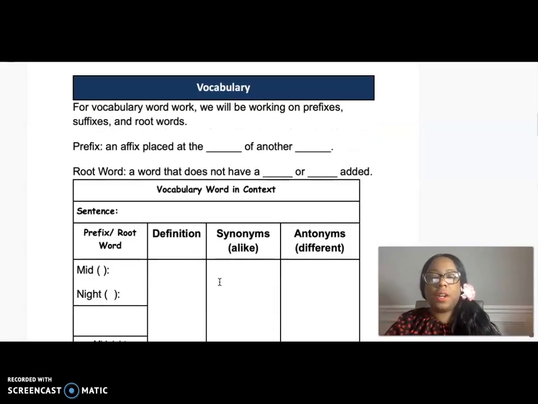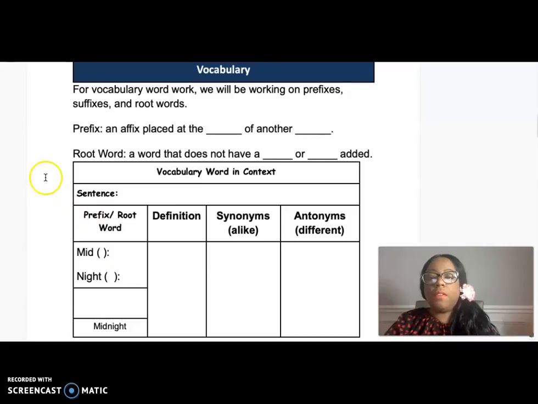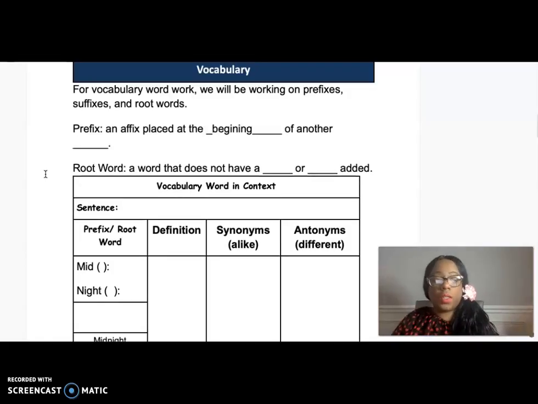Okay, let's get started with our vocabulary. For vocabulary word work, we will be using prefixes. Those are at the beginning of the word. And suffixes. Those are at the end of the word. And the root word. Those are the words that are the meat of what's going on. Okay, so a prefix is an affix placed at the beginning of the word.